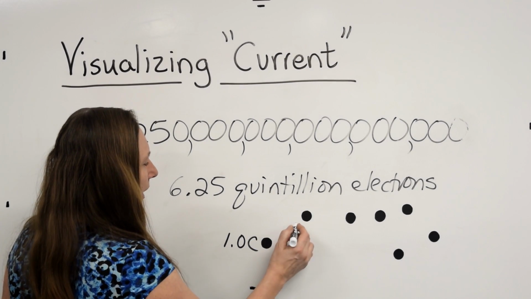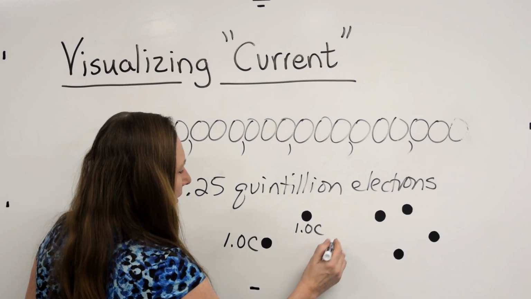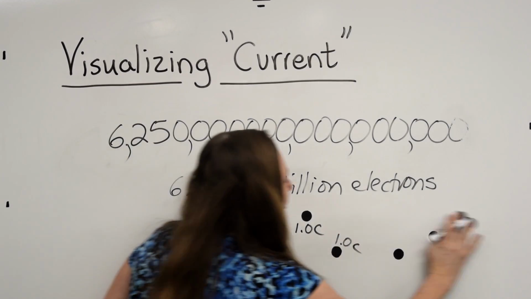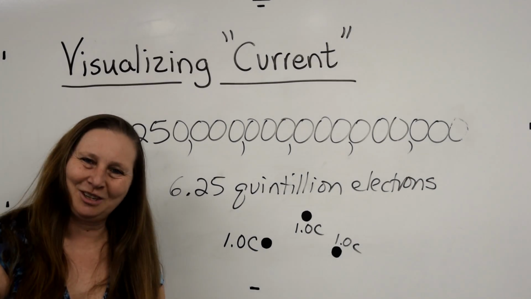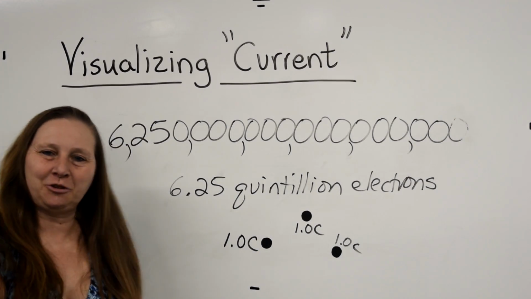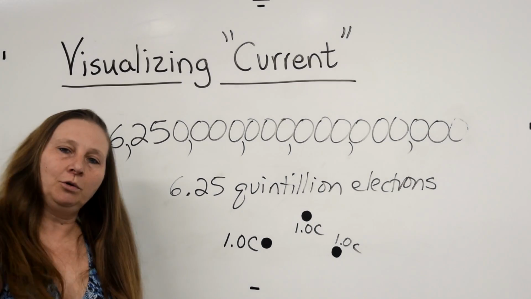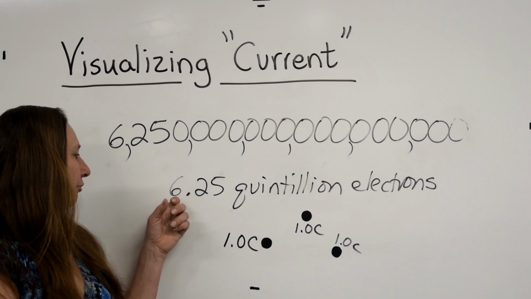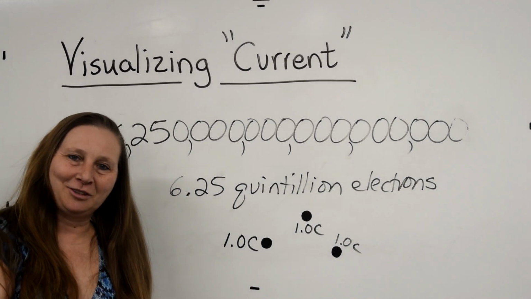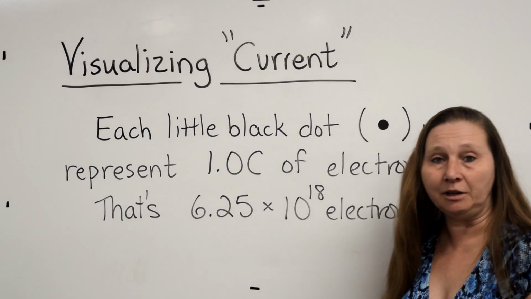So I'm going to use a dot to represent 1 coulomb of electrons. There's 1 coulomb, there's another coulomb, there's another coulomb. So right there I have, for example, 3 coulombs of electrons, which represents 3 times this many electrons. So this is my little convention here.